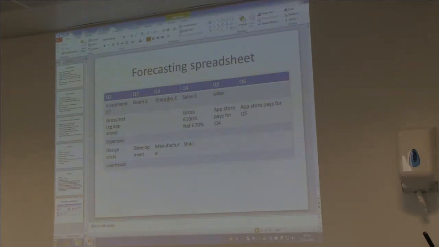You can figure out when these might come into play, because you are going to need money to pay your guy in China to make this thing, or if you're going to have to pay Netflix. When are you going to have to pay Netflix? Maybe you can make a deal where you pay Netflix later, after you start getting paid.